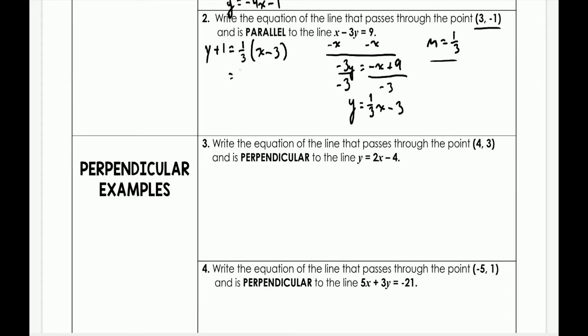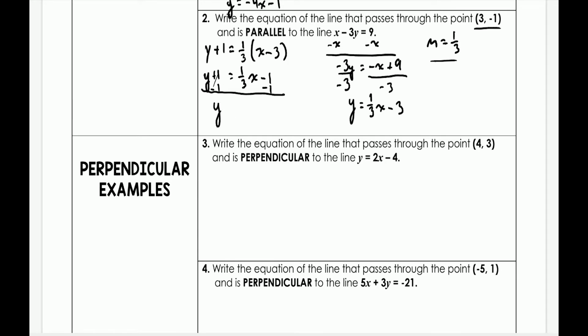Distribute the 1/3. We have 1/3 x. 1/3 multiplied by negative 3 is going to be negative 1. Okay, we have y plus 1 still. Now, we're going to subtract 1 from both sides, or from all sides. This cancels.